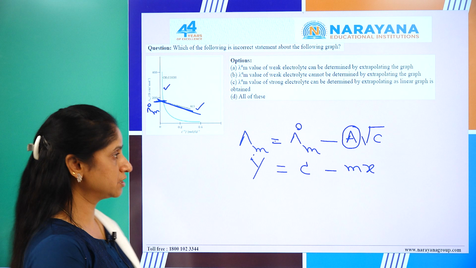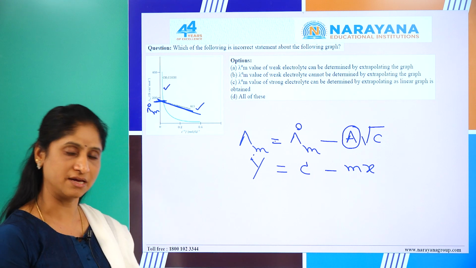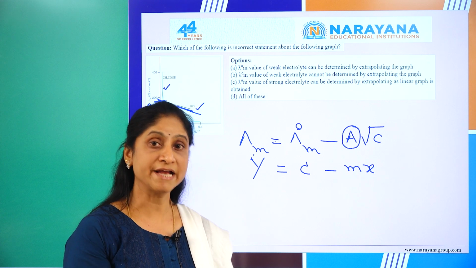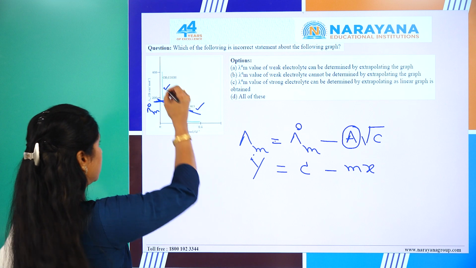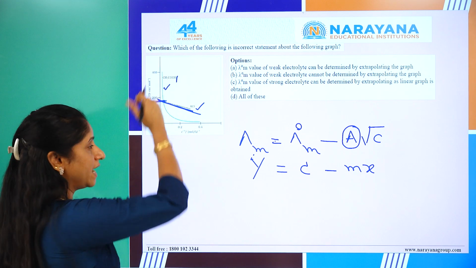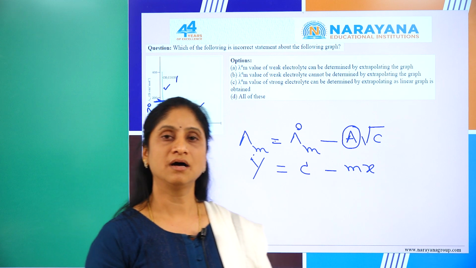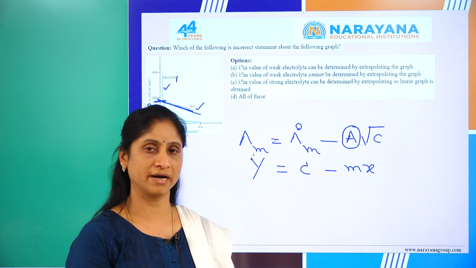For weak electrolytes, molar conductance does increase with dilution, but not linearly. The curve is like a rectangular hyperbola, so by extrapolating to the y-axis I cannot predict its maximum limiting molar conductance.